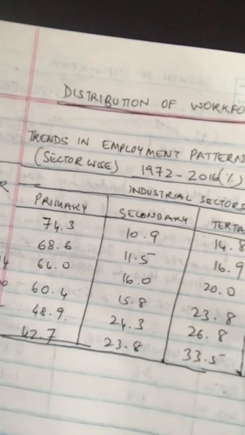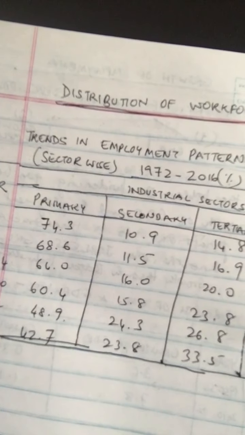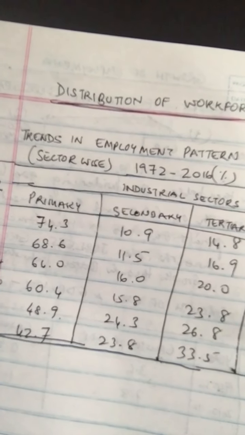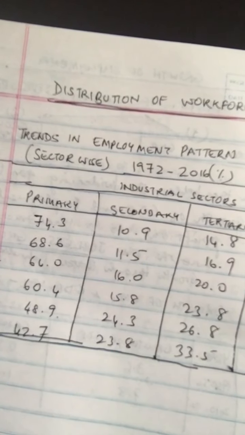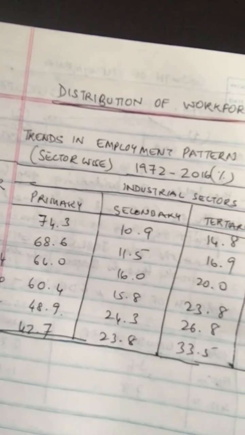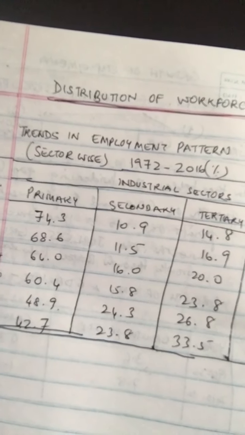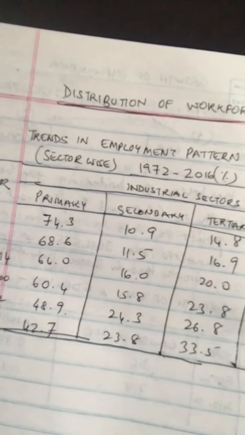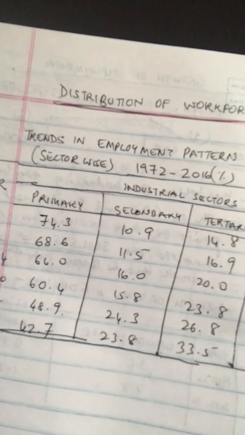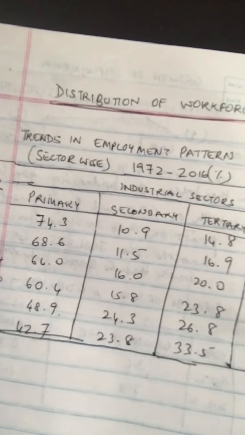In 72-73, about 74% of workforce were engaged in the primary sector, and in 2015-16 this proportion has declined to 42.7%. The share of the secondary and tertiary sectors have increased from 10.9 to 23.8% and 14.8 to 33.5% respectively.